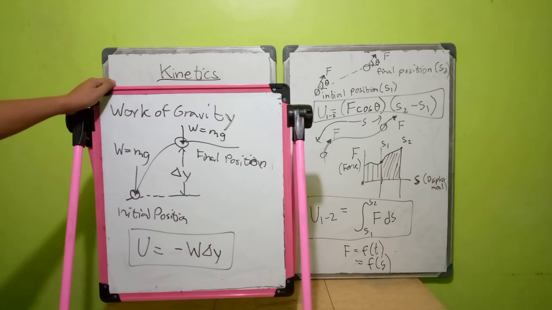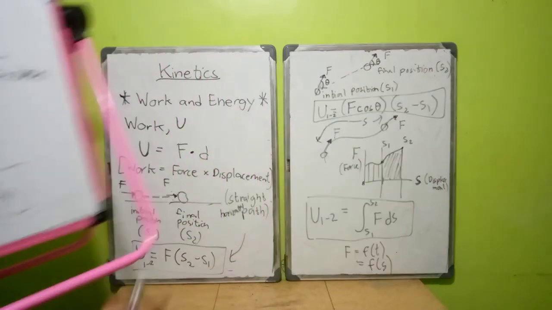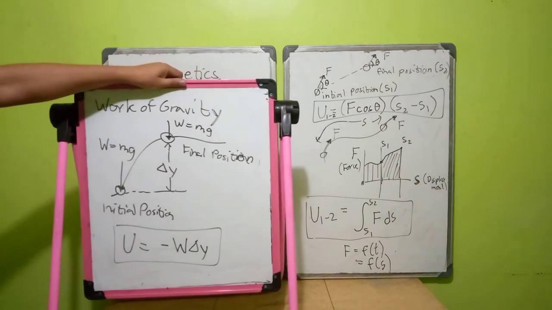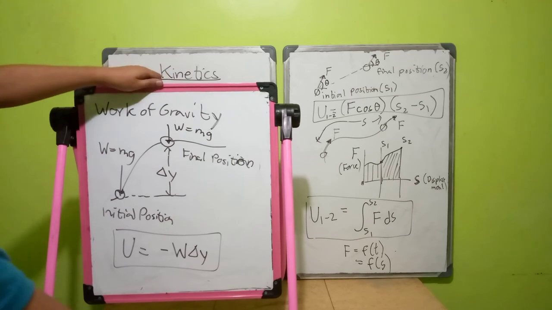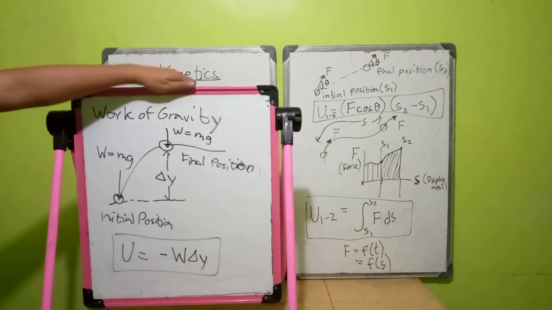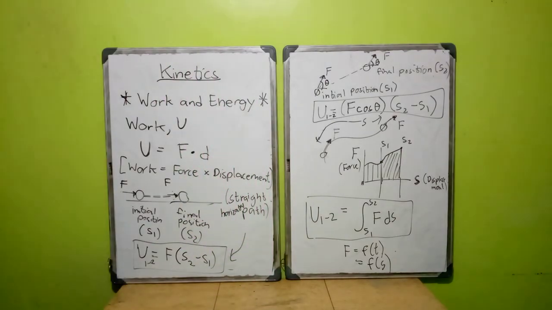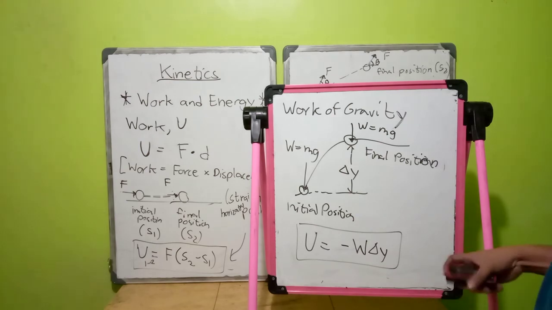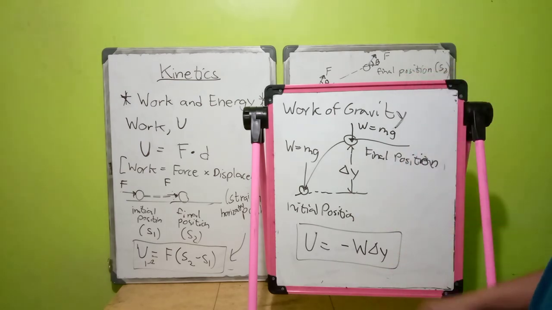Basically, we have these formulas, and this formula which is the work of gravity. Then we'll discuss another form of work. Maybe I will put it here. I will just erase. It is what we call, so please memorize this.